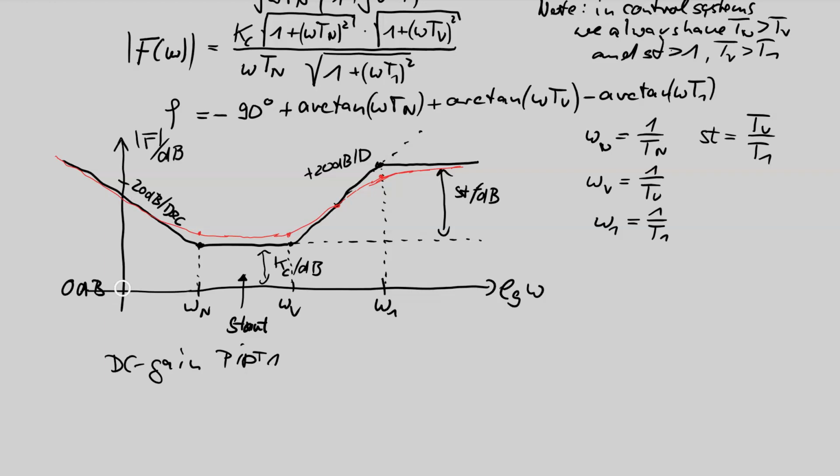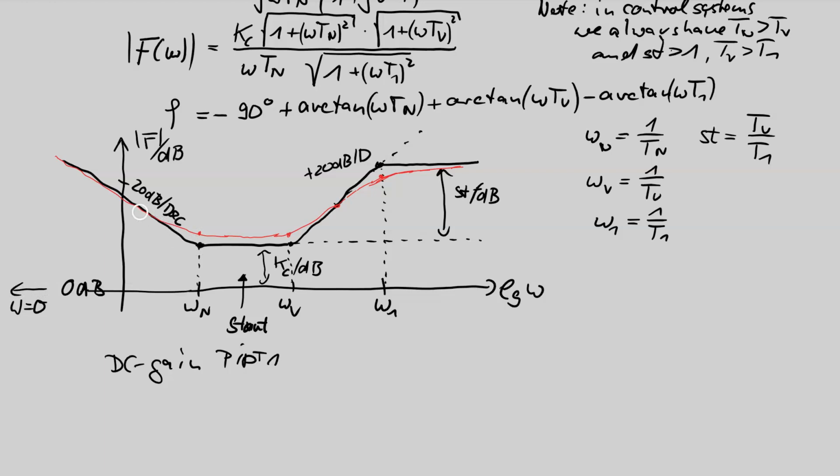This is not omega 0. Omega 0 is not available in this diagram. Omega 0 is infinitely far on the left side. Logarithmic scaling means logarithmic 0 is negative infinity. So the DC value is not in this plot.